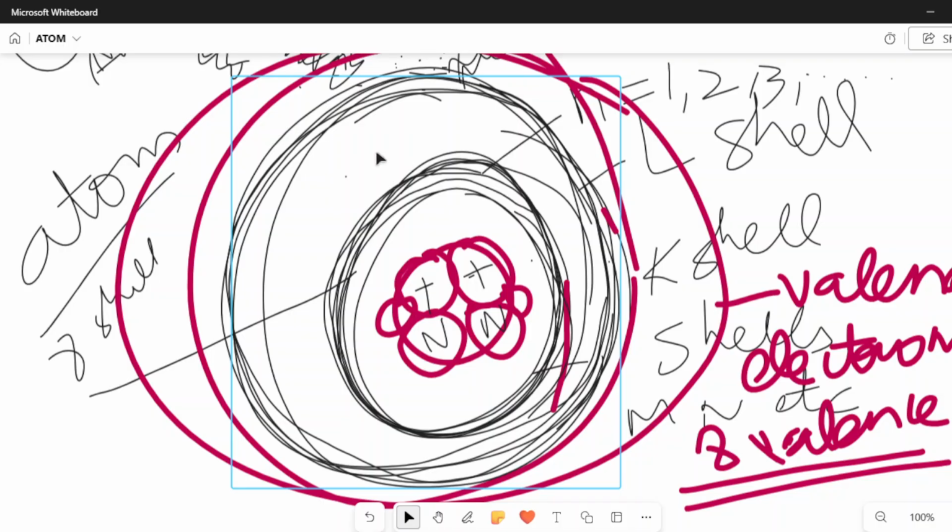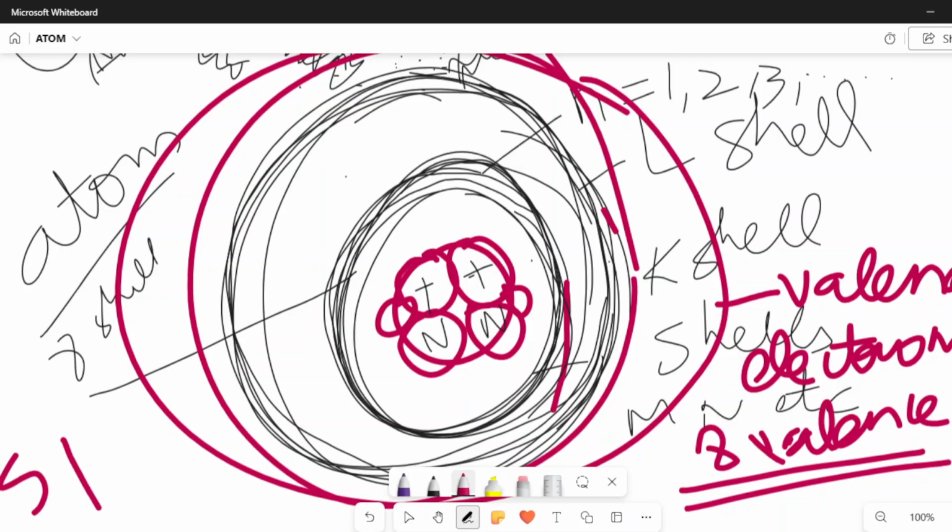Now the next thing is these shells are further divided into four subshells. The four subshells are S, P, D, F. Okay, so let me write it down here. SPDF.